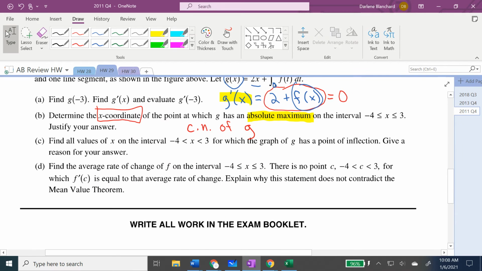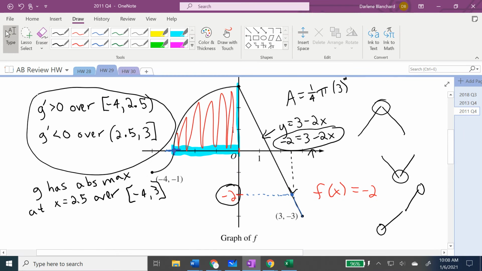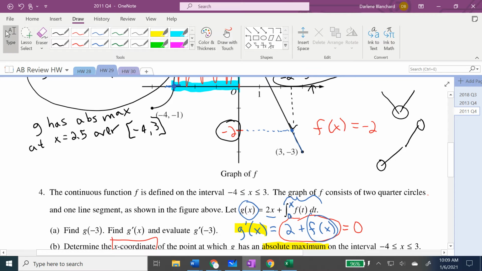And do keep in mind, these problems are timed. If you sat around and found the value of G at negative 4 and found the value of G at 3 and found the value of G at the critical number 2.5, that could take you a lot of time.